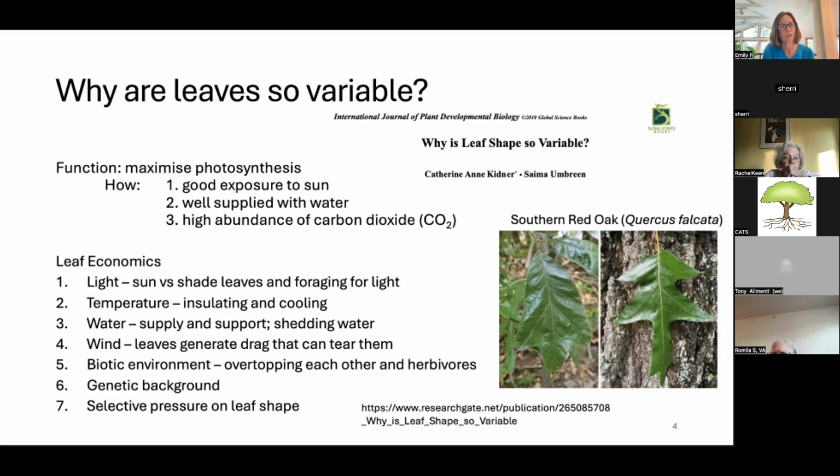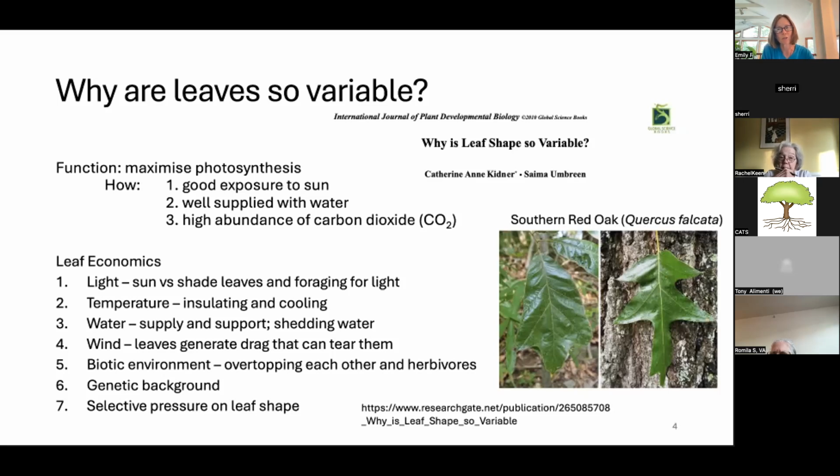There's a violet that they have looked at, and depending where they find it, it produces a cordate leaf or it can produce a lobed leaf. During the winter, in places where it has extreme winters, it has about 15% more lobes than if it's in a southern location.